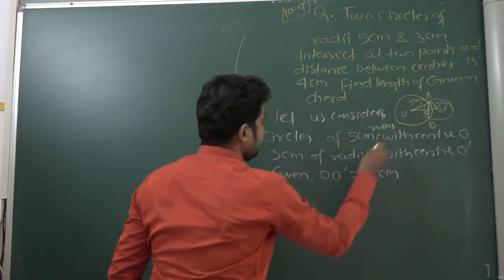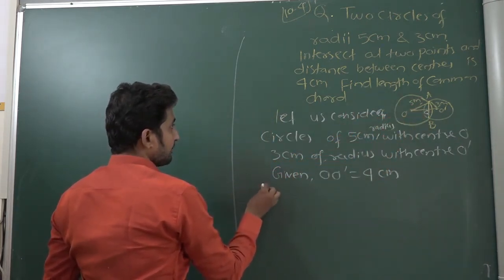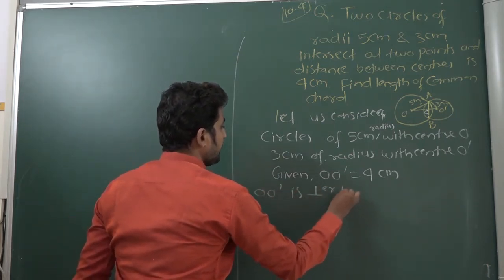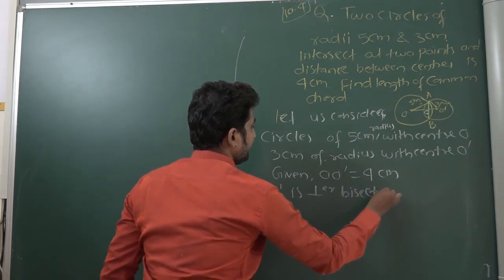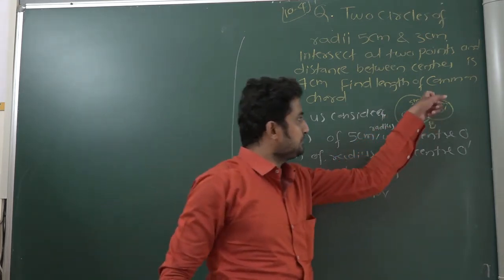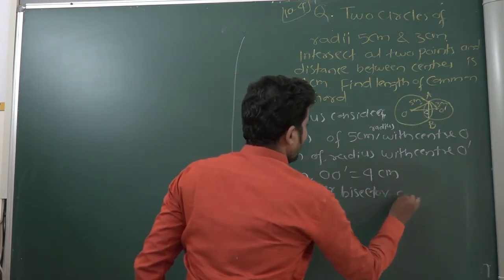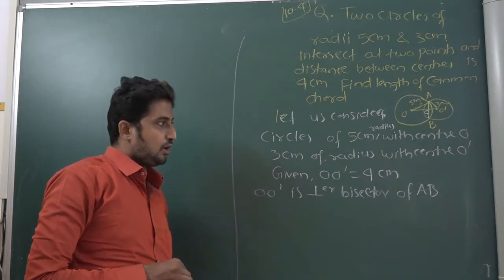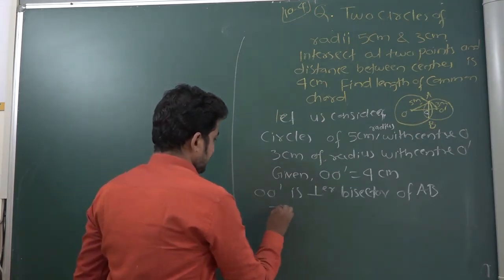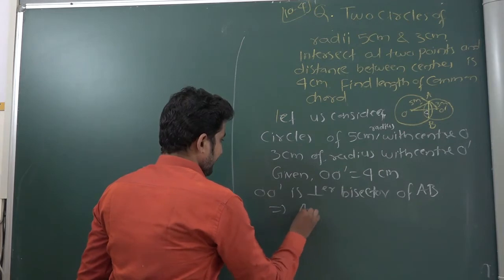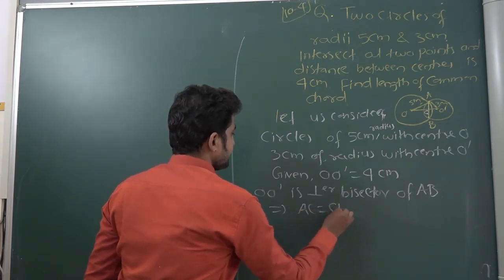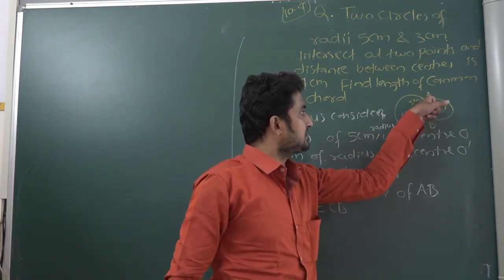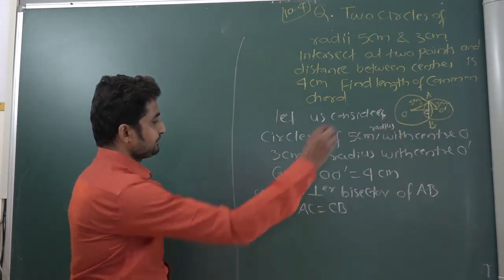Now it is clearly seen that OO dash is the perpendicular bisector of AB. Hence AC equals CB. This distance AC is equal to CB.